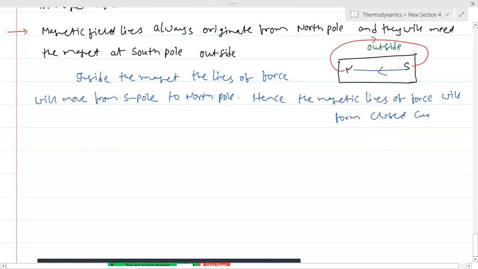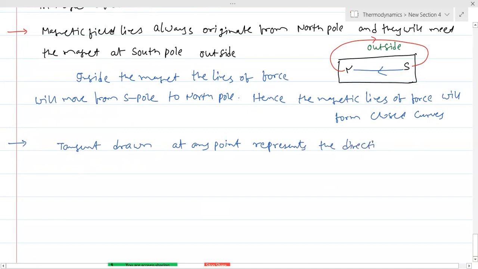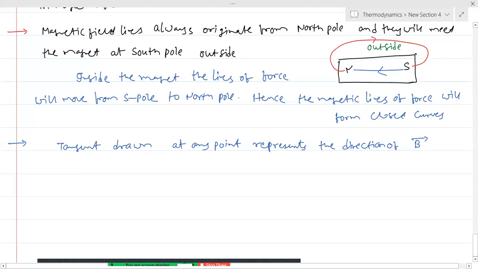Whereas the electric lines of force are open curves. And the most important point is, a tangent drawn at any point represents the direction of B bar, the magnetic field intensity.